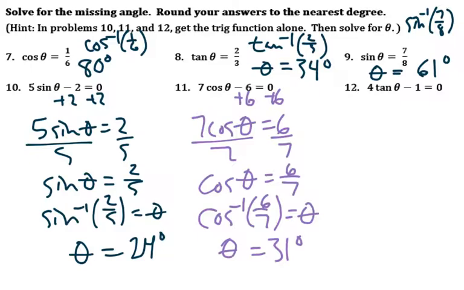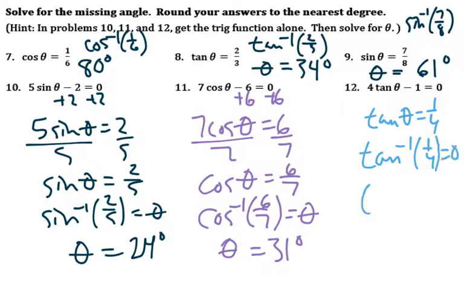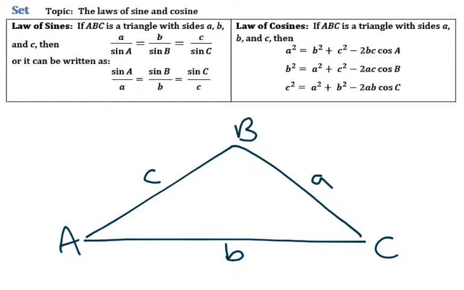So you should be able to figure out that we basically have tangent of theta equals 1/4. So the inverse tangent of 1/4 will give us theta, and theta would be 14 degrees when we round. Okay, that's all we do on those ones. A lot of calculator work.